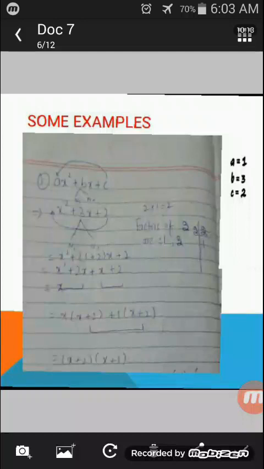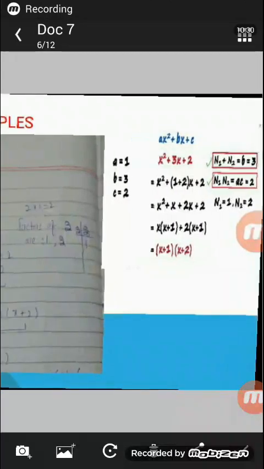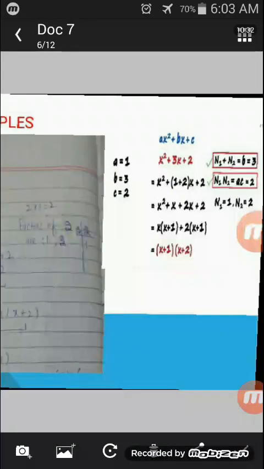There are two x plus 2 and x plus 2, but we write it once because we take it common. X plus 2 is common from x plus 1, then x plus 1 is left. You can also see on the right side, n1 and n2 are the two numbers. We have to choose two numbers whose sum is 3, and whose product is 2.